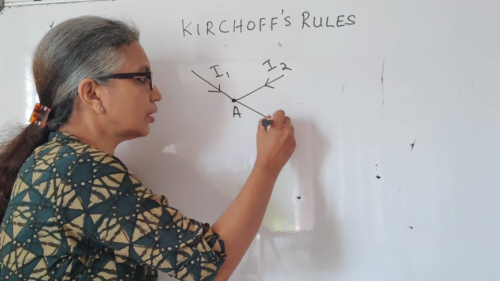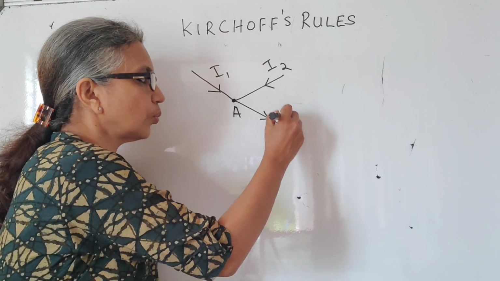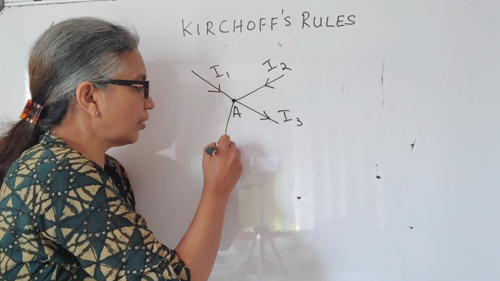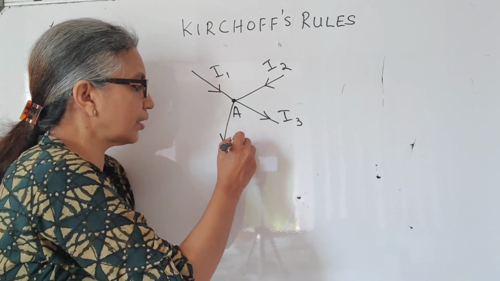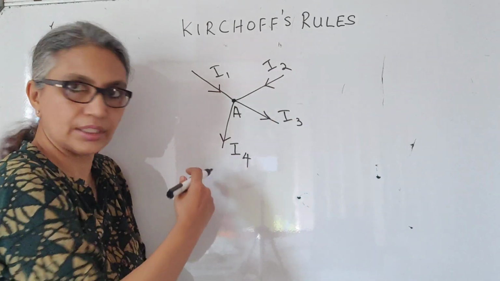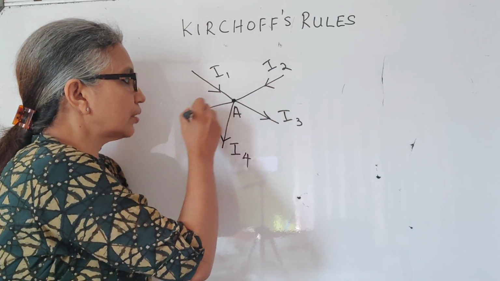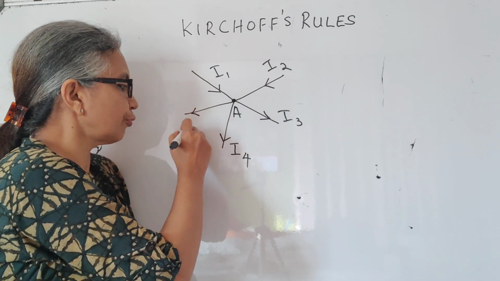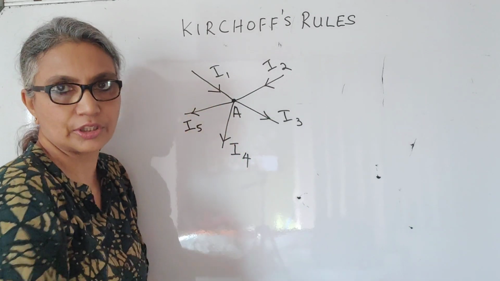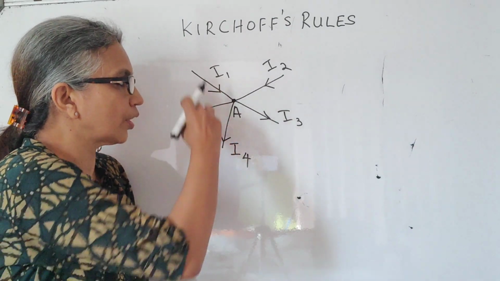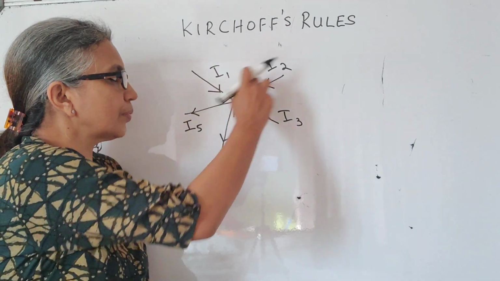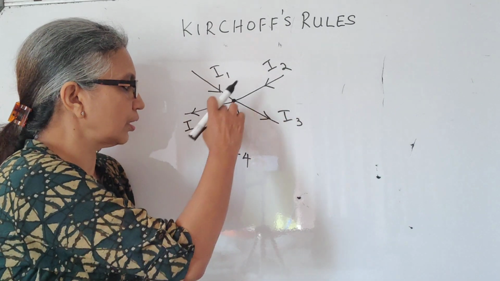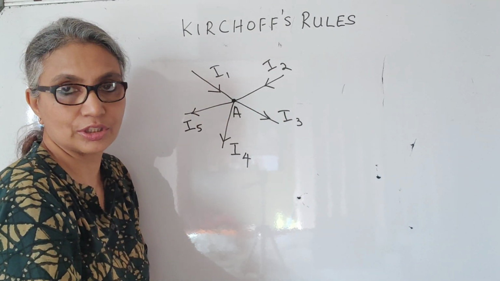Then we have a third conductor I3 where the current is leaving the junction, a conductor carrying a current I4 which is leaving the junction, and a fifth one where the current I5 again is leaving the junction. So at this junction we have 5 conductors, 2 of them bringing in current. I1 and I2 are entering the junction. I3, I4 and I5 are leaving the junction.